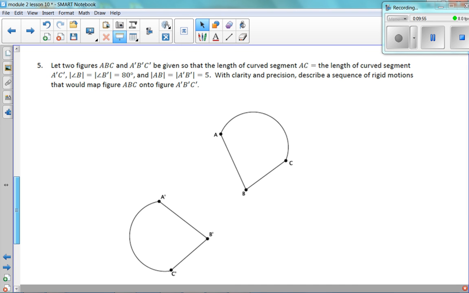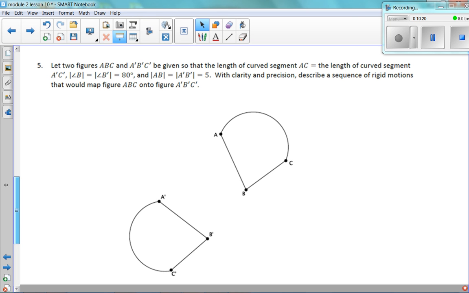Degree measures, in this case, they want to make sure you understand they're positive degree measures. The size of the angle is a positive measurement. We're not talking about direction, we're talking about the measure of an angle. And the length of A prime B prime and the length of AB are both 5. And remember, length or distance cannot be negative, so they're putting it in the absolute value symbol just to reinforce that point.